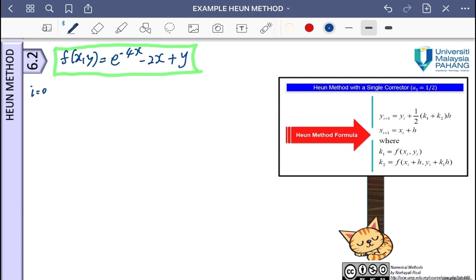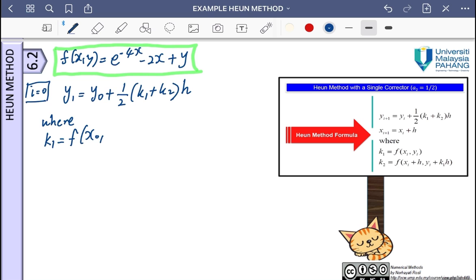The first one, i equal to 0. We will approximate the value of y1 using the HEUN method. y1 is obtained from y0 plus the average of K1 plus K2, multiplied by our step size, where K1 is the slope at f(x0, y0). Here x0 is 0 and y0 is 1.